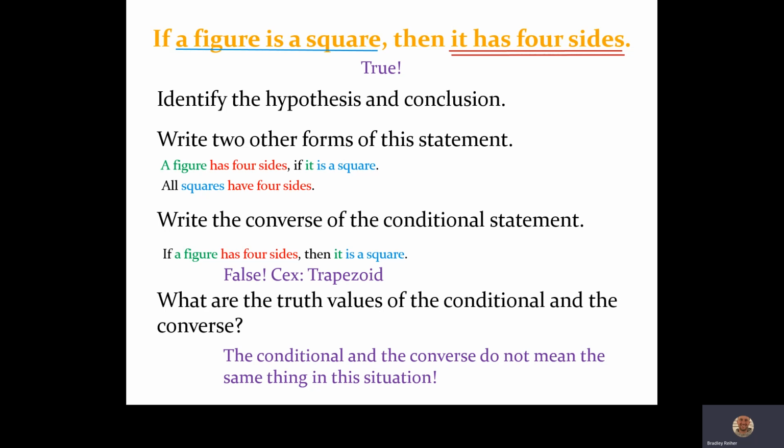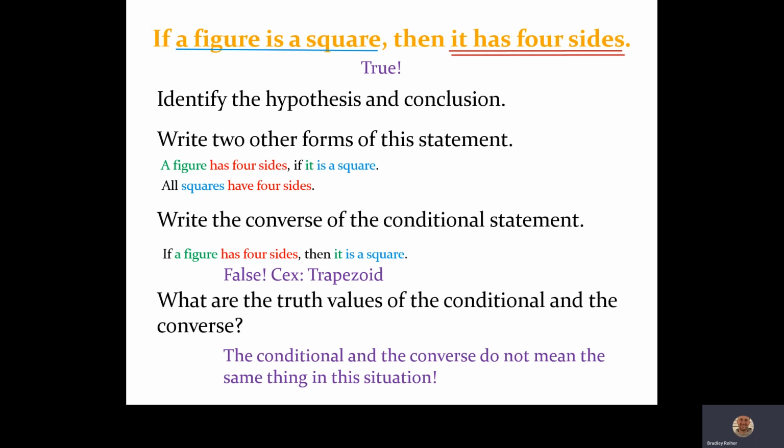It has 4 sides. Let's write two other forms of this statement. So go back to that template if you need to. The conditional statement has the word if first and the word then in the middle. That's statement number 1. So we need to write statement 2 and statement 3.